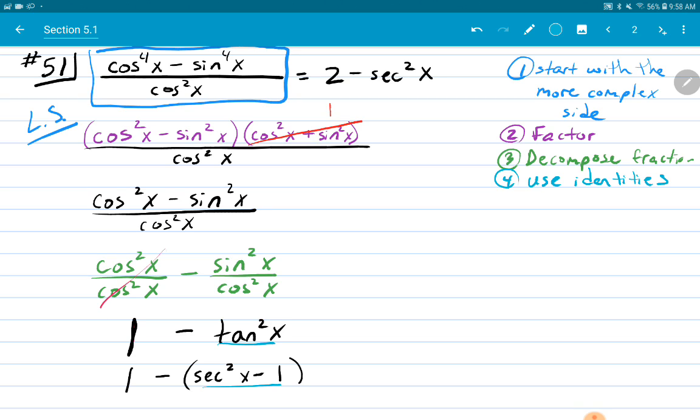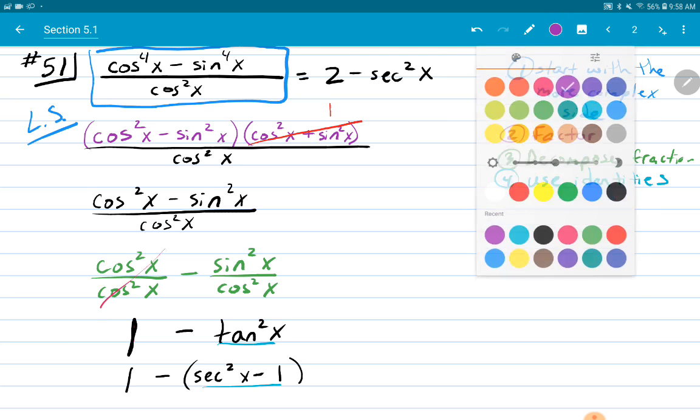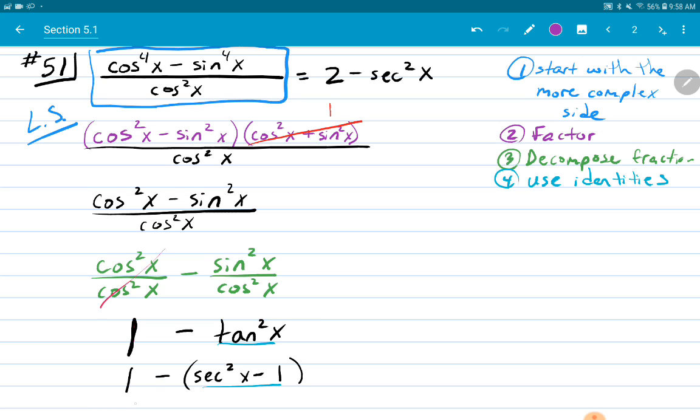And then now just simplifying and distributing that negative. When I distribute that negative, I get 1 minus secant squared x plus 1, which simplifies to 1 plus 1 gives me the 2 minus secant squared x, which equals my right side, which was my goal.